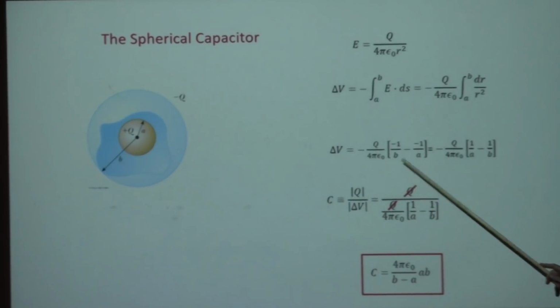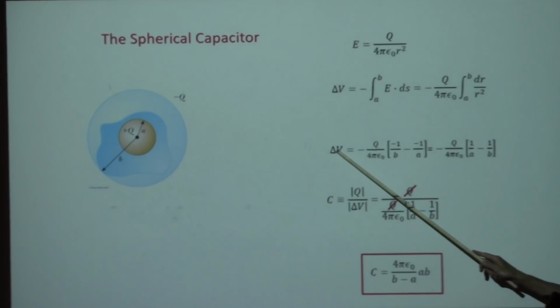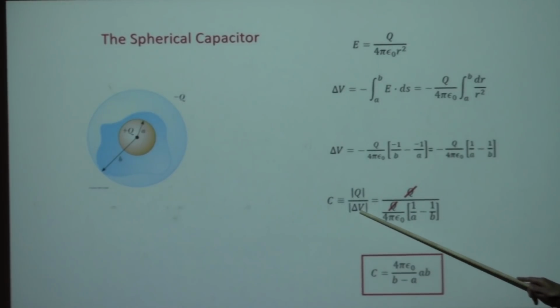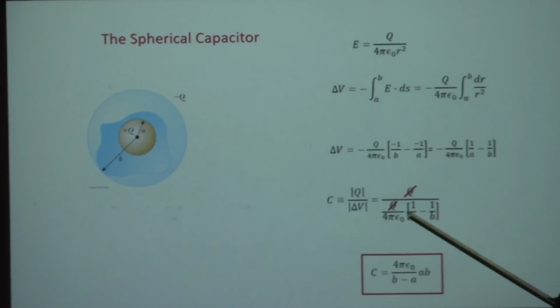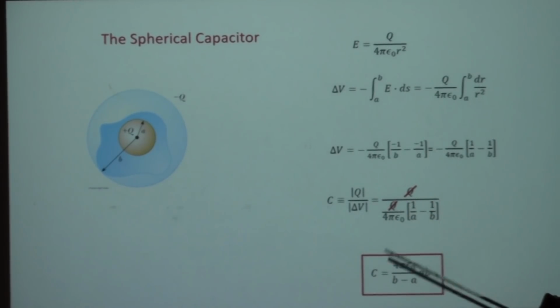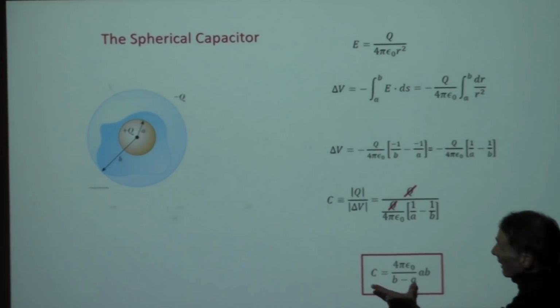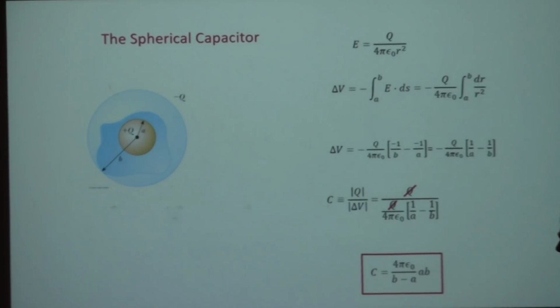With that delta V, I can plug that back into the capacitor equation along with the Q. The Q's invariably cancel, and that just leaves me with the capacitance, and this would be for a spherical capacitor. So you take a look at those. Those are some examples of calculating capacitance.